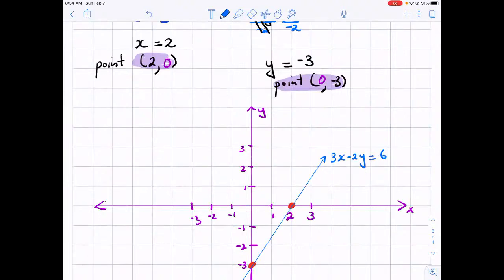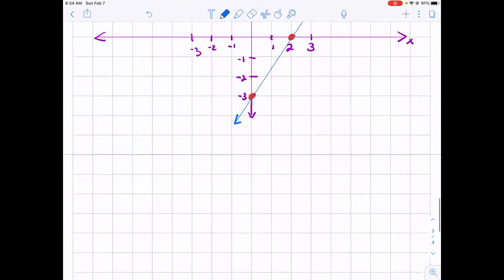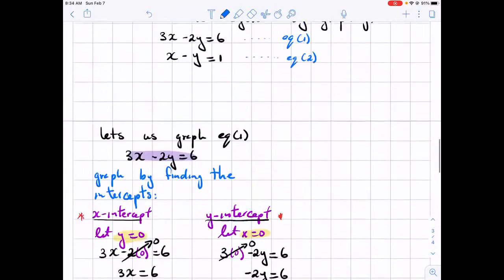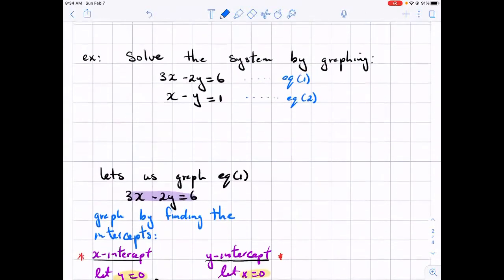So we have only graphed one equation. Now, let's look at my second equation. Remember, it's a system. So equation 2 here is x minus y equals 1.